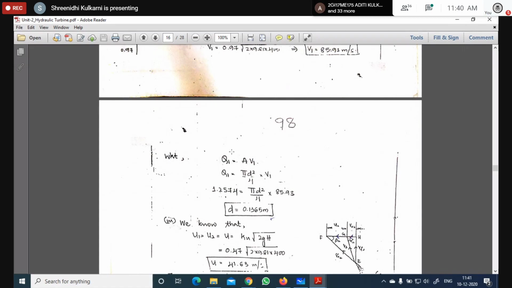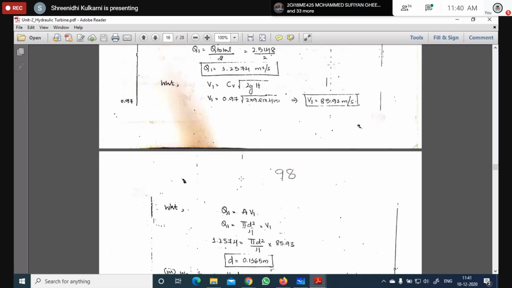For that we know the formula: discharge is area into velocity. Using this formula, find the diameter of the jet. So Q is equal to A into V1.